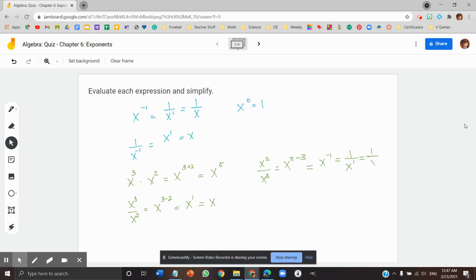Another rule that we have been talking about during our classes is, what if I have a base and an exponent that is raised again to an exponent?